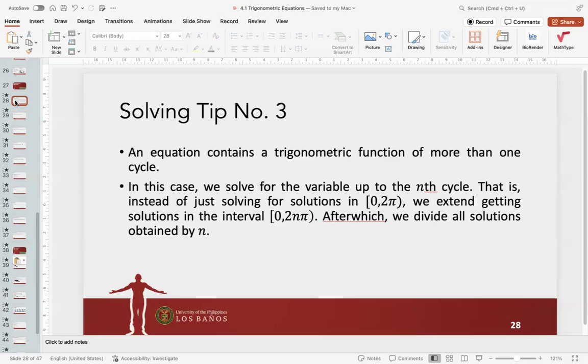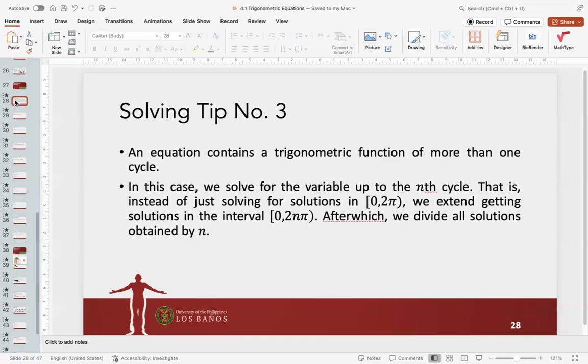So that means if we say we have the equation sine x equals 1, we only have one cycle there because the coefficient of x is 1.